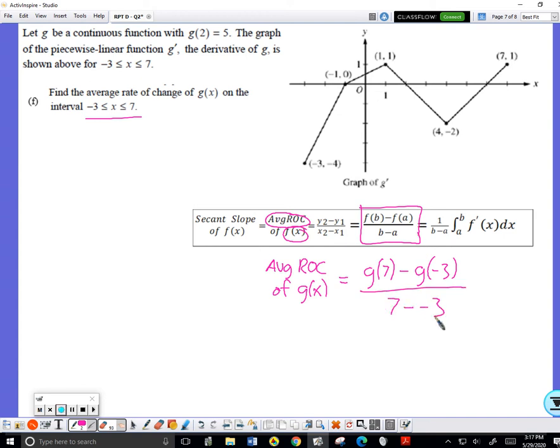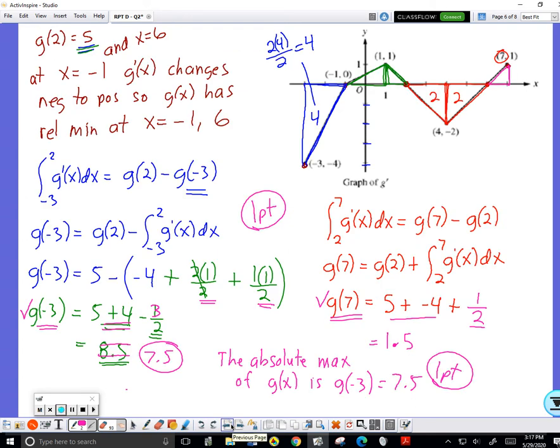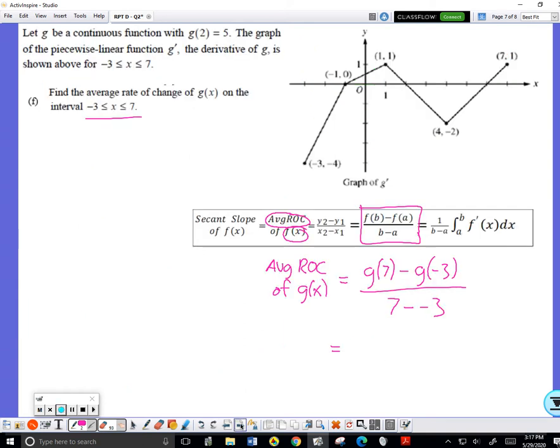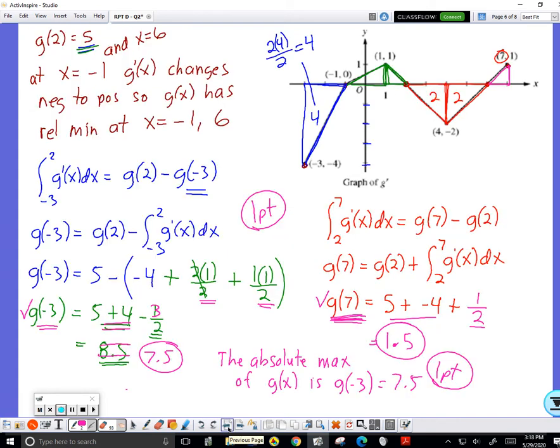Don't go fast. Back here we found g of 7 to be 1.5, and we found g of negative 3 to be 7.5.